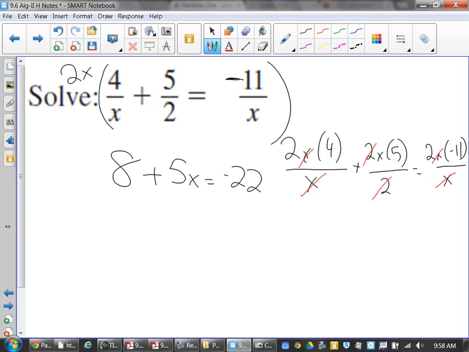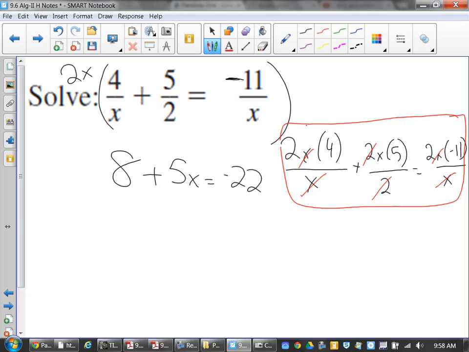What's x divided by x? I multiply everything by something, and I get x divided by x. What's the common denominator? 2x. If I multiply everything by 2x, I get 2x times 4 over x. Those x's go away. That's the whole point. You're trying to get rid of your denominators.